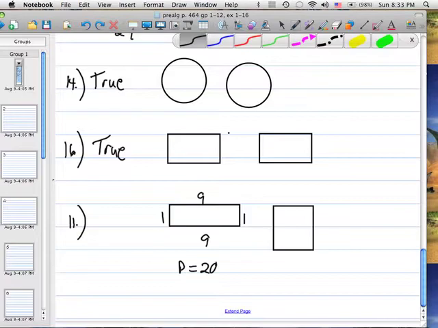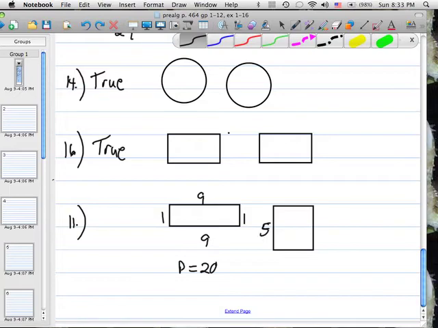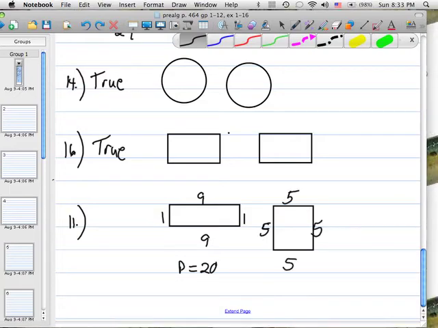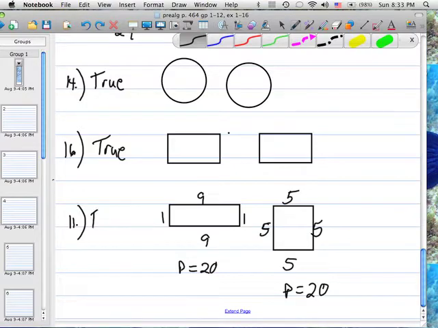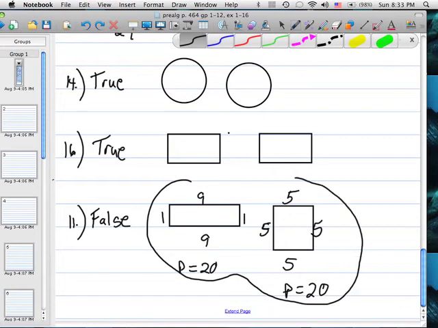And I could get the same perimeter if I had this side 4, a square. So those are two rectangles, but they are not congruent, even though they have the same perimeter, so that would be false. And this is a counter example to show that it can happen. That concludes the evens. Be sure and check the back of the book.